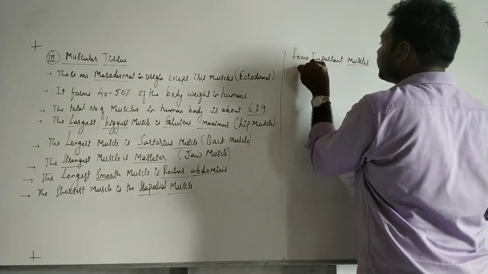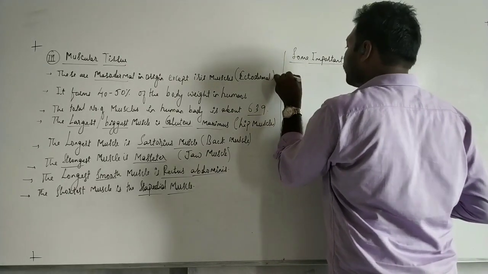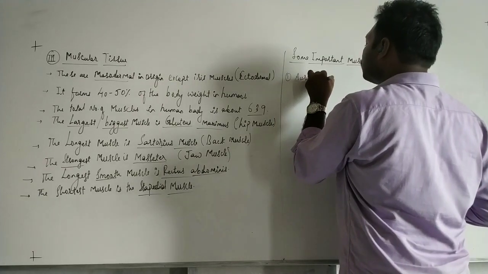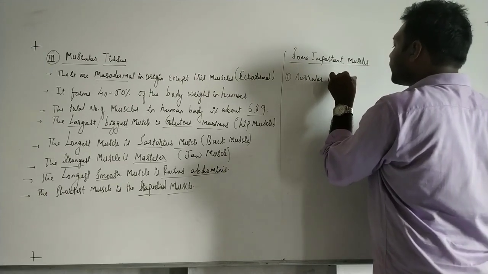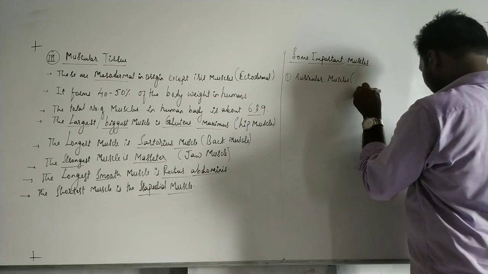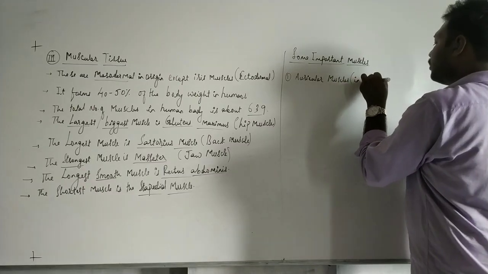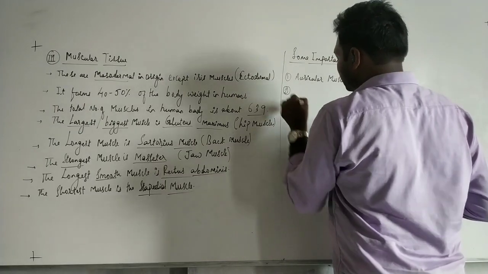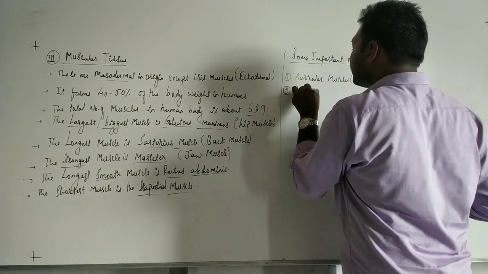So what are these important muscles? First, the auricular muscles. Auricular muscles are found in the pinna, that is in the ear. The second one is the papillary muscles.